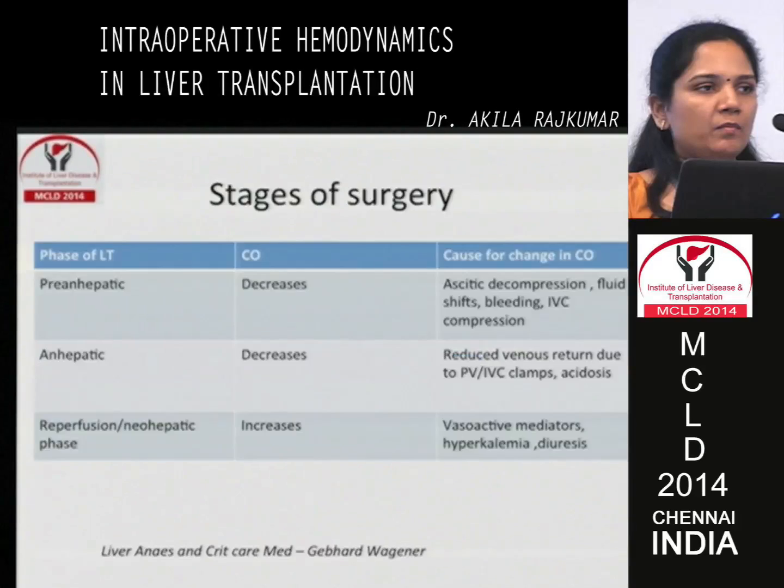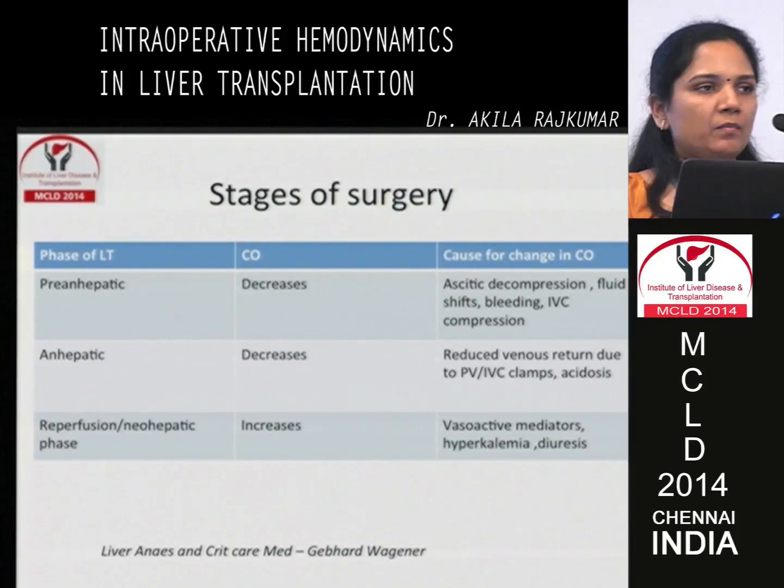Going on to the stages of surgery, in the pre and hepatic phase, we start off with the anesthetic induction. Most of the induction agents will cause a reduction in SVR, so your cardiac output can fall at that period. And when the abdomen is open and the ascites is decompressed, again, there's a potential for hypovolemia at this point.